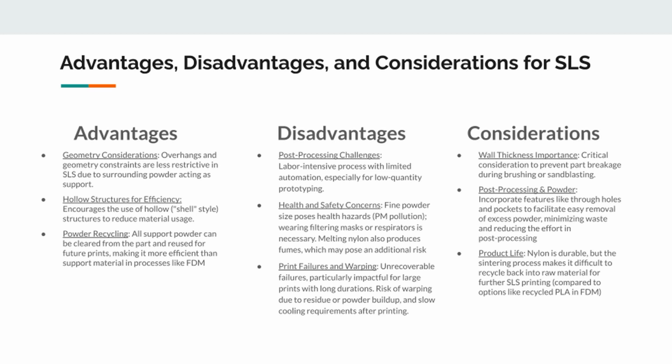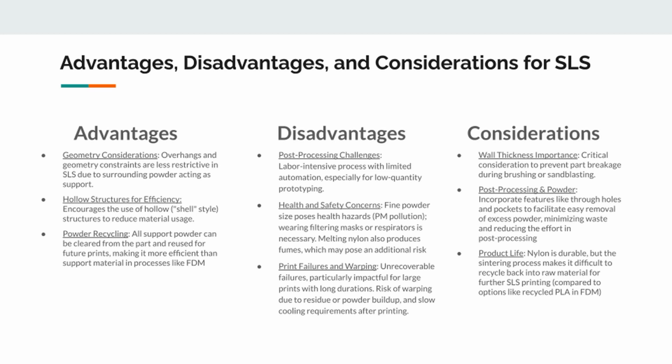Thanks, Ian. I'll be going over the advantages, disadvantages, and considerations for SLS on this slide. Some of the main geometry considerations are overhangs, and geometry constraints are less restrictive in SLS due to how the powder works. Because of the powder, you can also have hollow structures for more efficient prints.